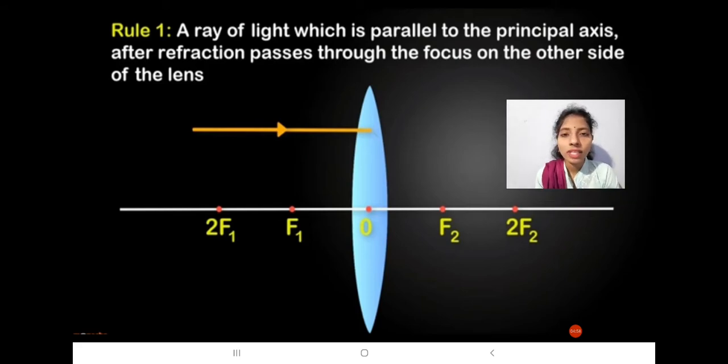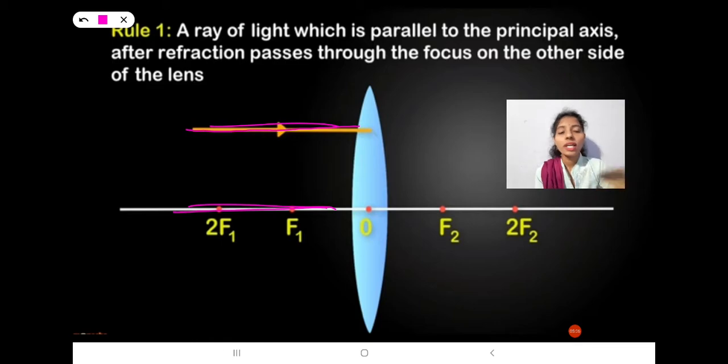What is rule 1 here? A ray of light which is parallel to the principal axis. So this is the ray of light and it is parallel to the principal axis. A ray of light which is parallel to the principal axis, after refraction passes through the focus on the other side of the lens.